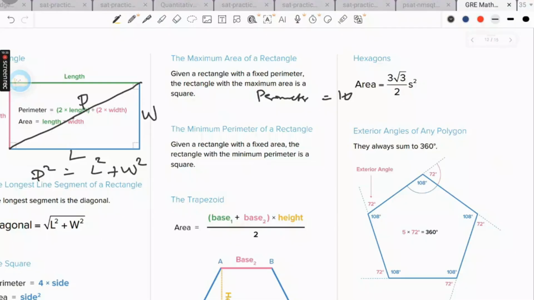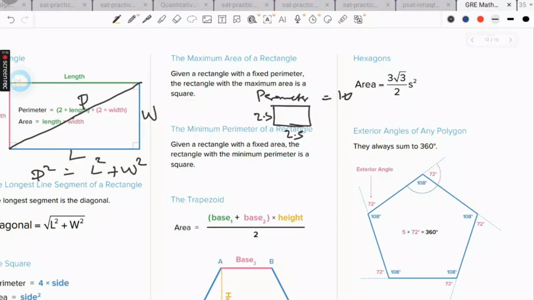The maximum area will be the one where all the sides are equal, which will be a little difficult. Okay, we can actually get this. If the perimeter is 10, the maximum area is going to be 2.5 by 2.5. 2.5 by 2.5 will give you the highest, the greatest area.